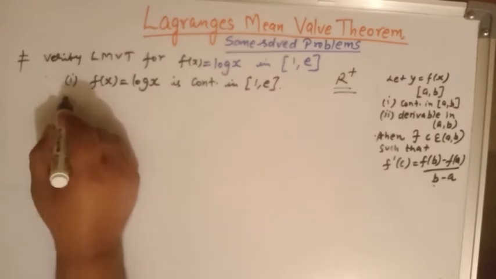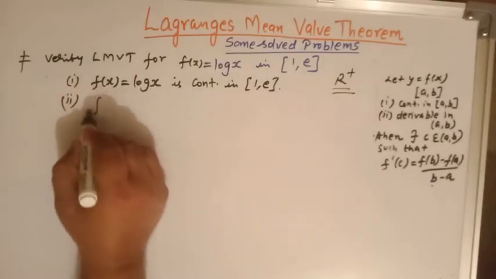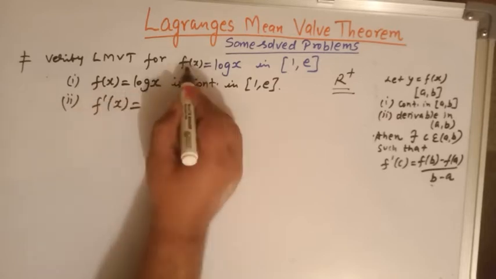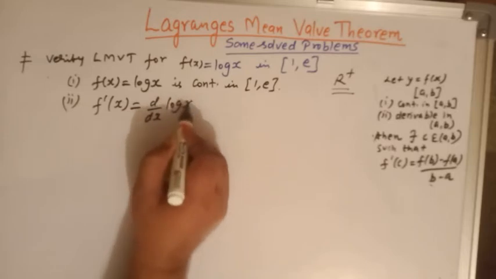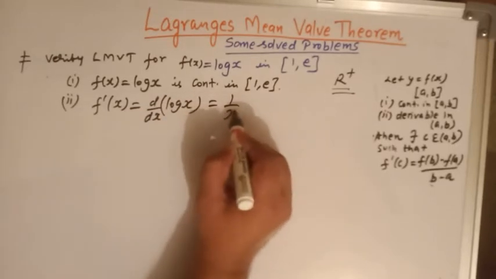Clear? Now the second one is we find the derivative of this function. So the derivative of log x is 1 over x.